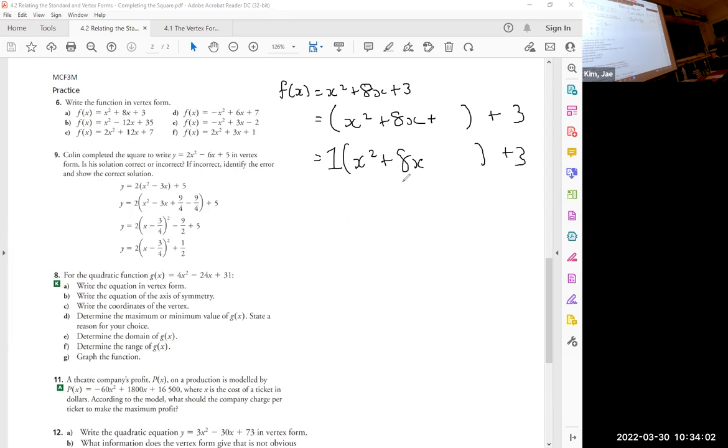Next, if I want a perfect square, I am going to take that 8 divided by 2 and square, which is plus 16. But of course, I can't just do that out of thin air. If I add a 16, I'm going to have to subtract the same number.